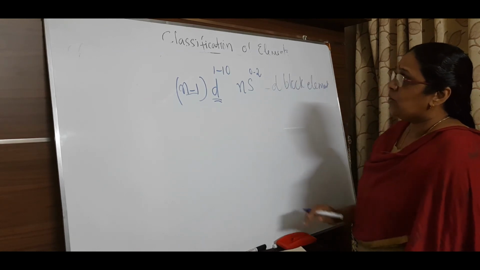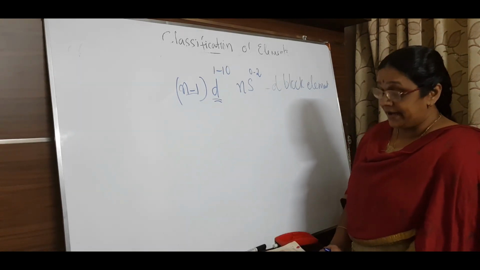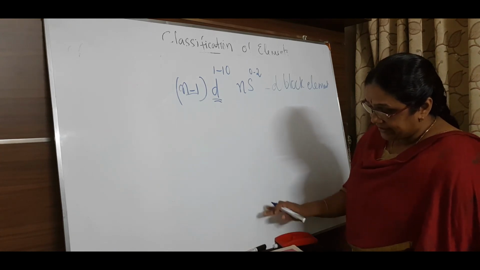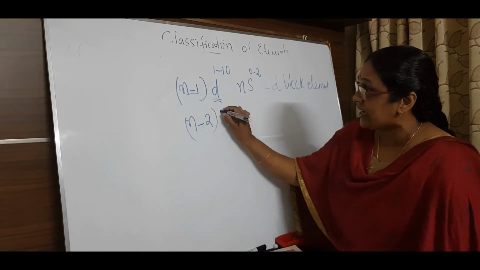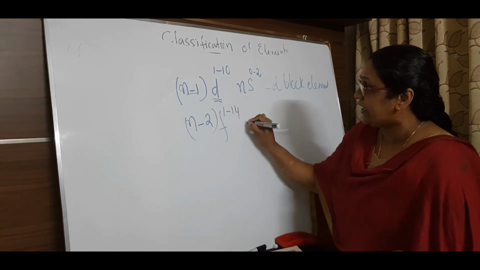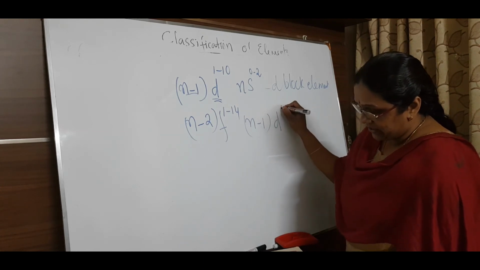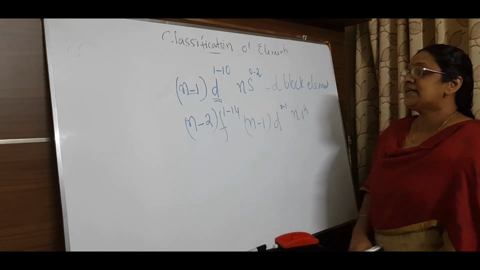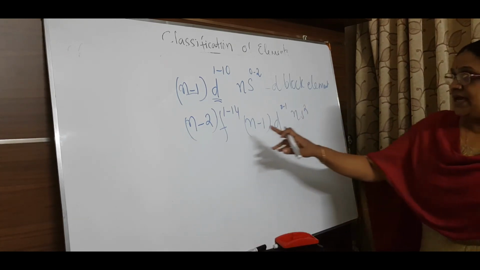Now we will see the general configuration of the f block element. How you can write it: (n minus 2) f 1 to 14, (n minus 1) d 0 to 1 and ns2. This is the general configuration of an f block element. That is n minus 2.